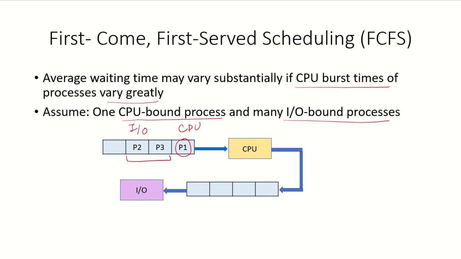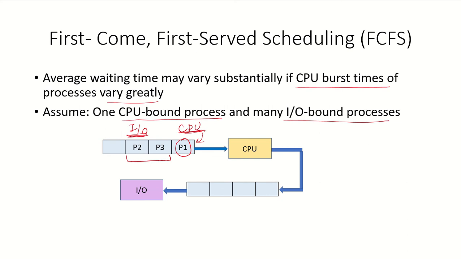In one of my earlier videos, I had explained that a CPU bound process will require the CPU for a longer period of time and a very short IO. IO bound processes will require the CPU for a very short duration but spend most of their time doing IO. So we are assuming that P1 is a CPU bound process.